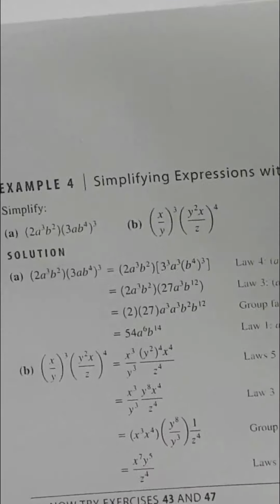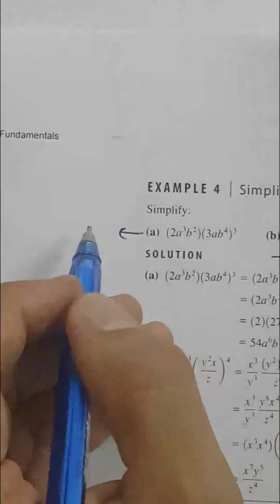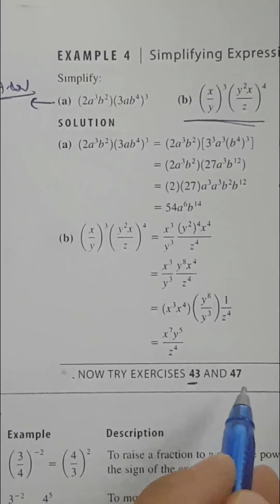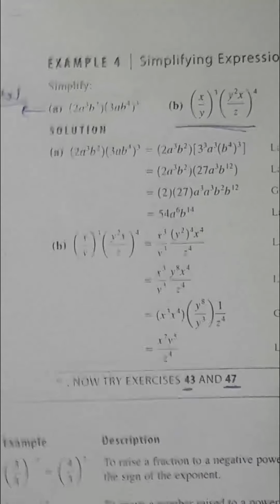So I'm going to solve part B for you, and leave this one for you as homework. Do it by yourself. Later try to solve 43 and 47, because these are your questions in the quiz, the exam, or any other assessment like homework or assignments.